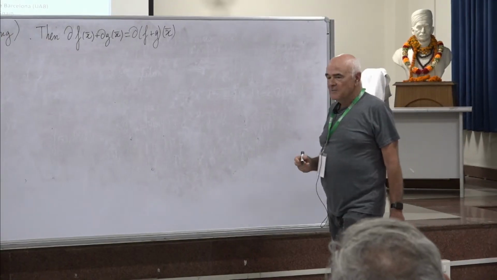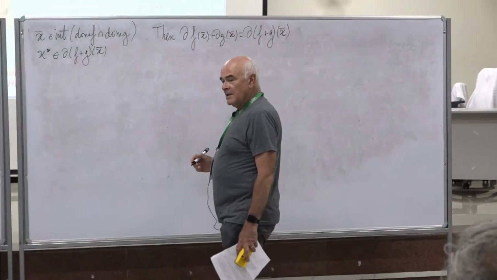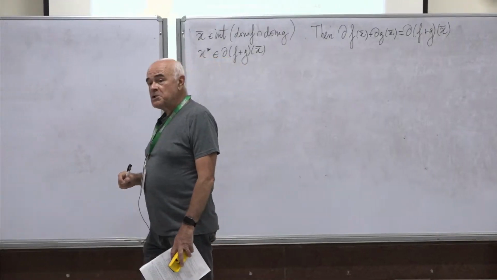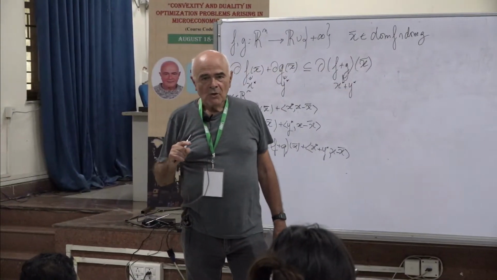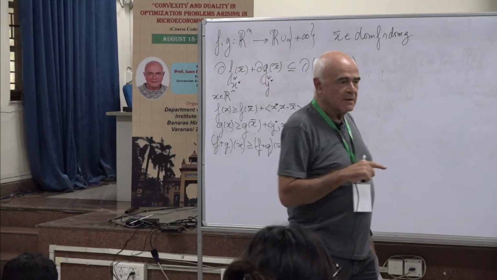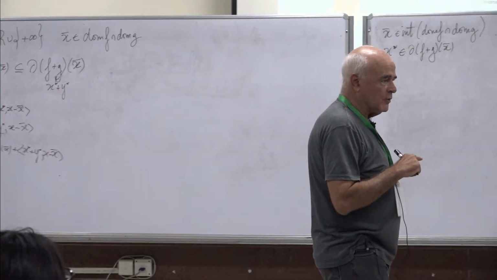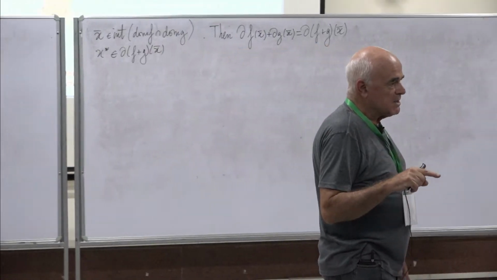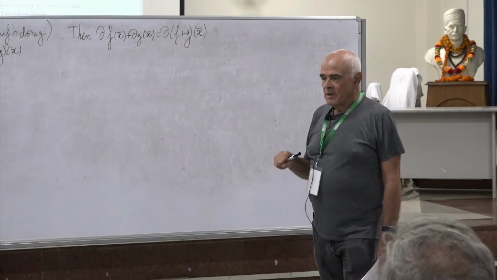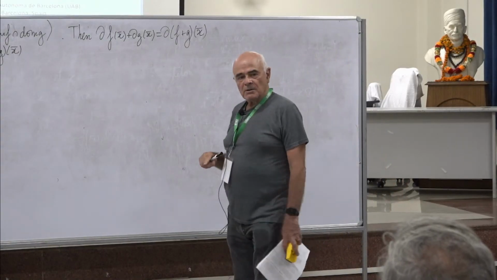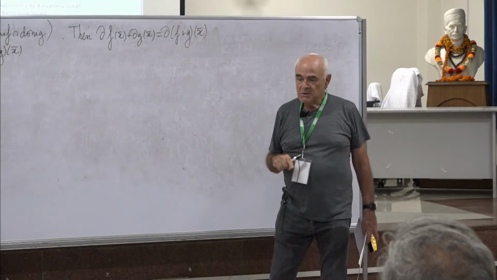But let x star be an element here, and we have to find a decomposition of x star as the sum of an element in the subdifferential of f at x bar plus an element in the subdifferential of g at x bar. How can we find such a decomposition?